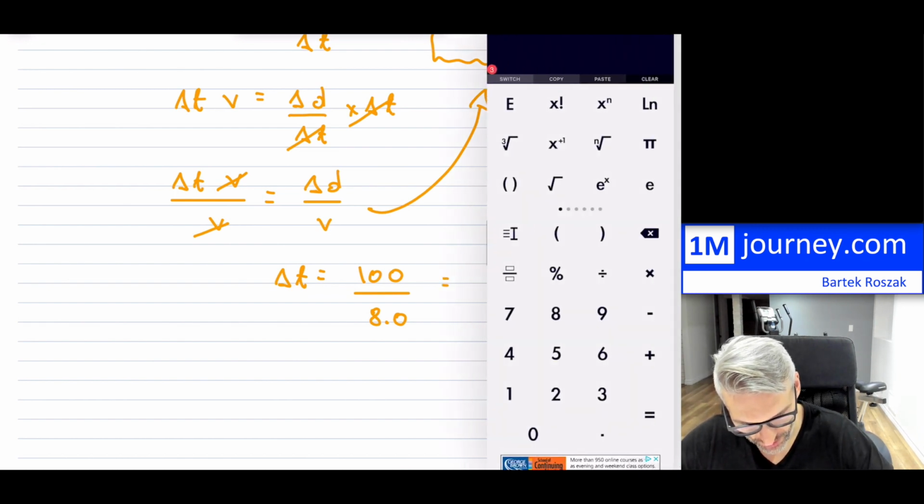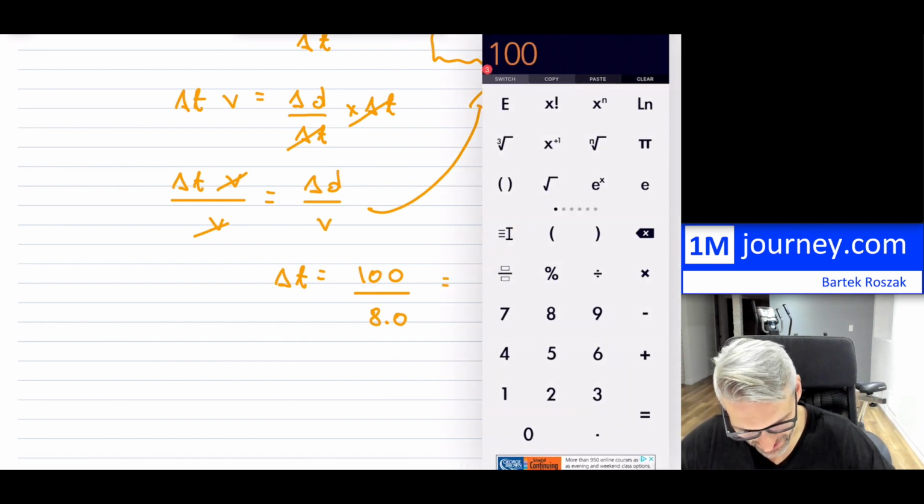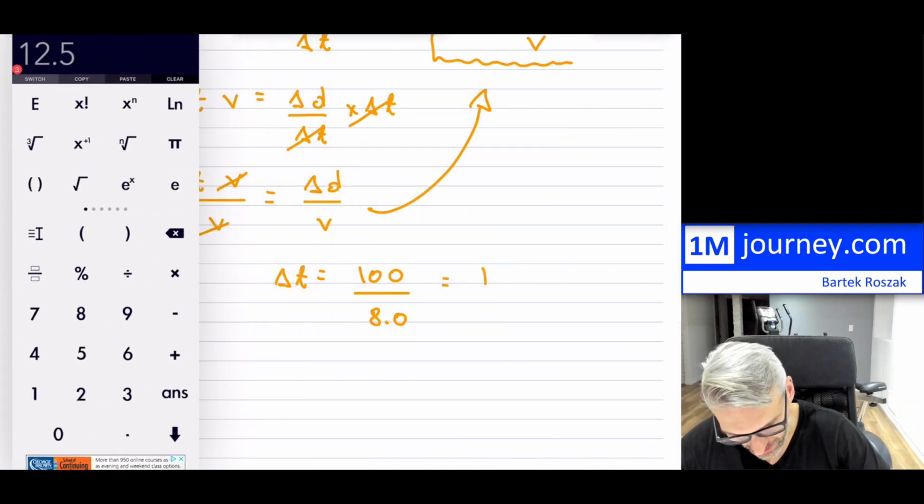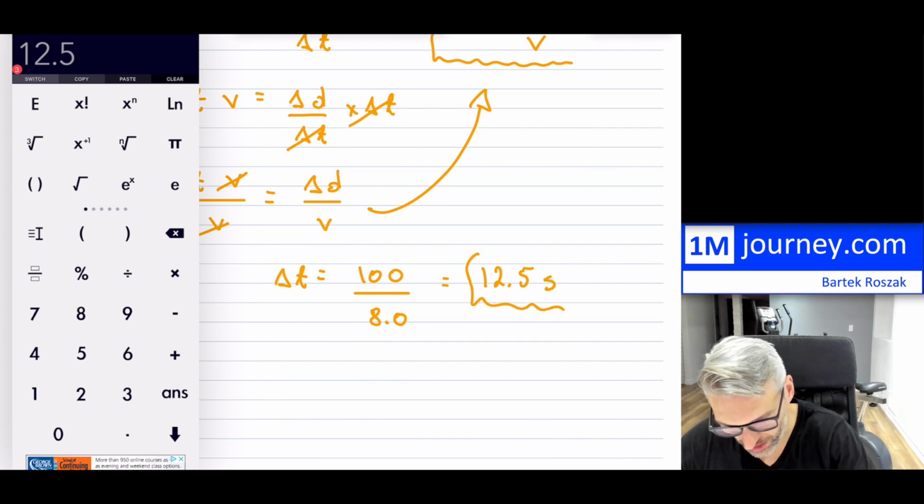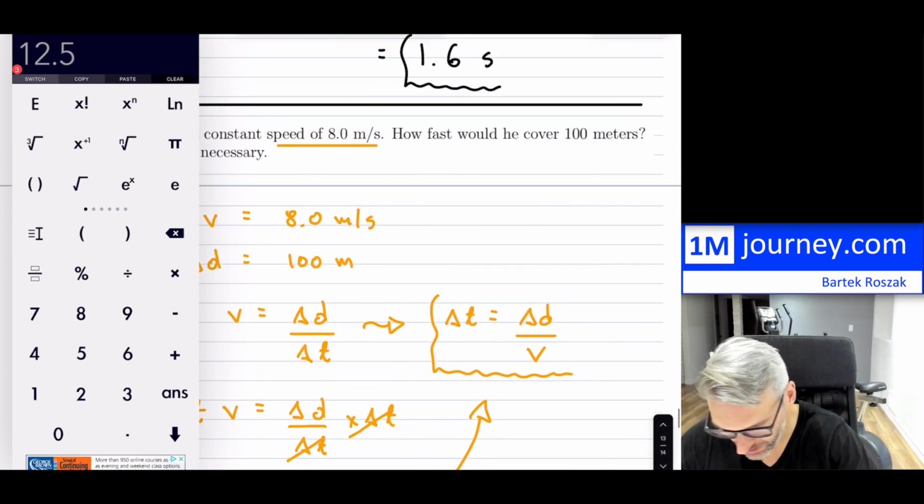So this is going to be a little tricky because we have divided by 8. So this is going to be 12.5 seconds. Now the tricky component is that this right here only has one significant figure. If we round this to one significant figure, well, does it tell us to round?